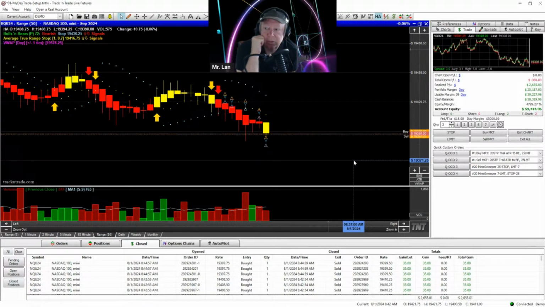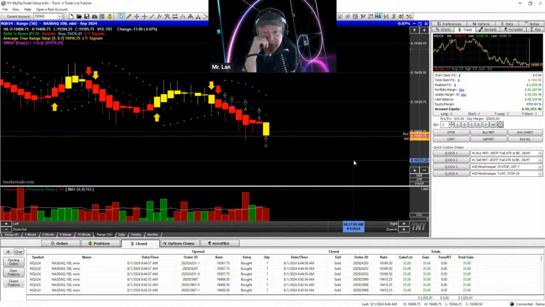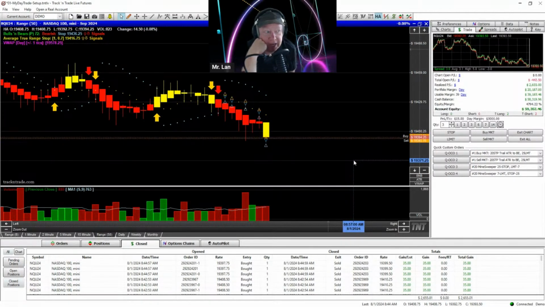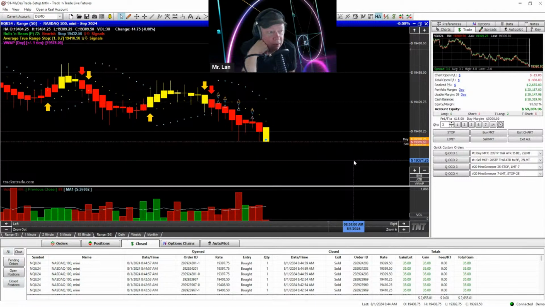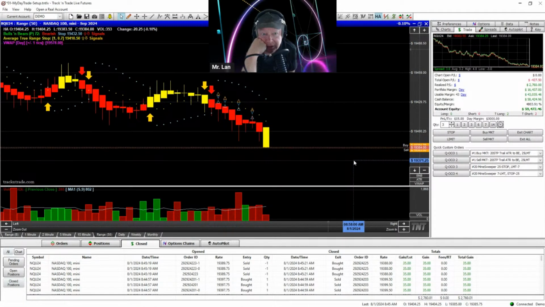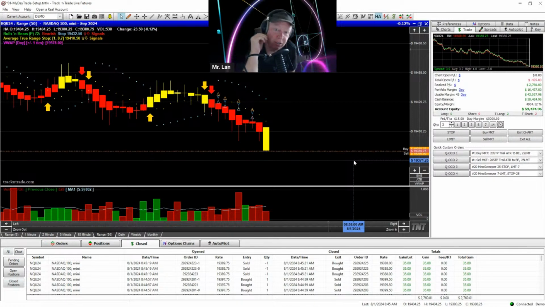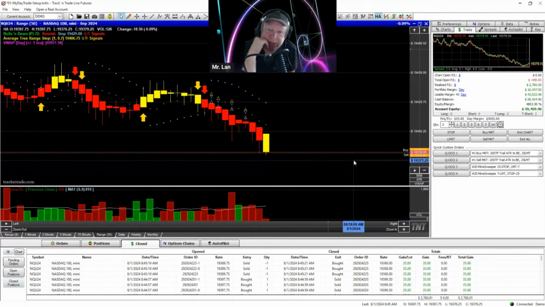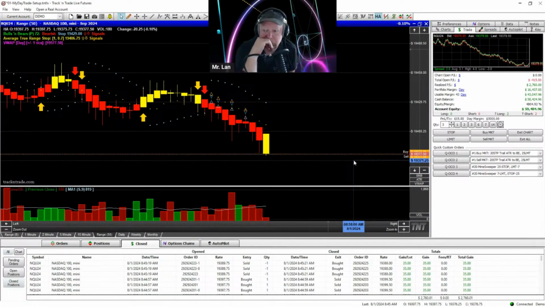We're doing pretty good with the 7s on the NASDAQ. We weren't doing so good with the 7s over on the, this is range bar 50 NASDAQ. That was a stop, that one. That was not a limit. That was an external lower low. It wasn't an internal. I'm putting the limits on the internals and I'm putting the stops on the externals.